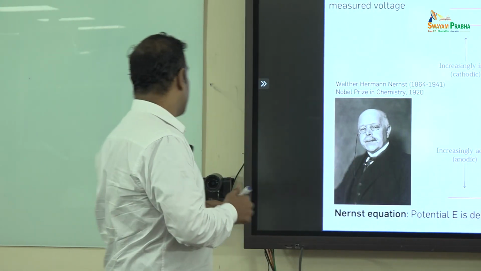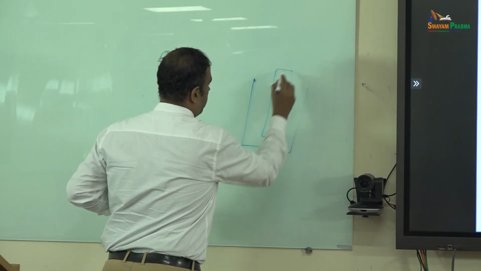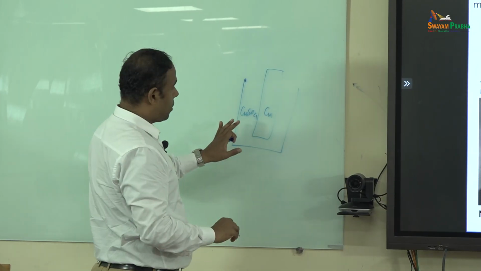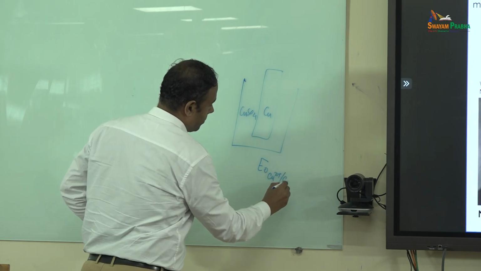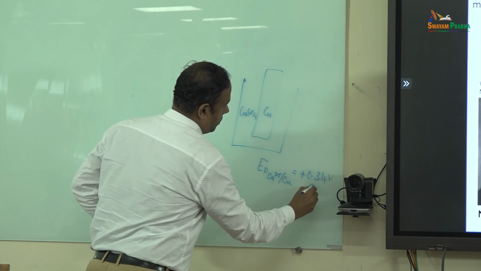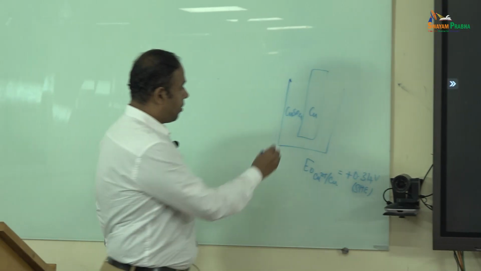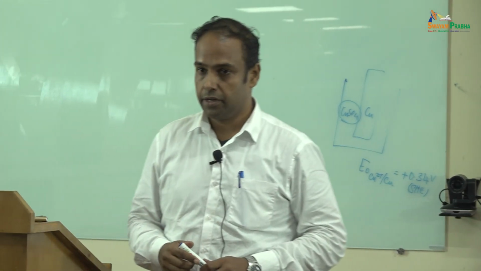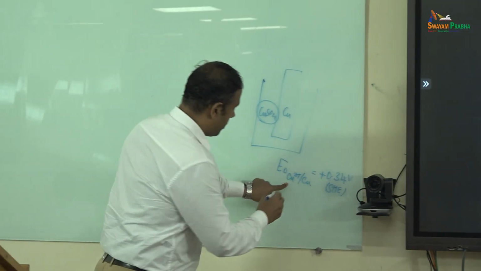So, take the case of a copper rod dipped into a copper sulphate solution. If it is all standard, the value will be correct with respect to SHE, right. But now, if I change the concentration of copper sulphate, what happens? Will the potential remain the same?